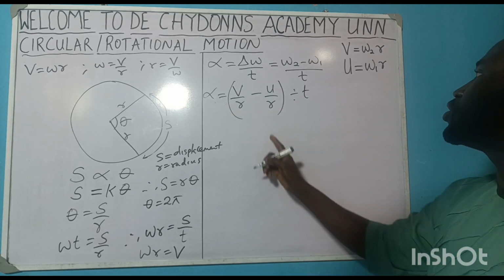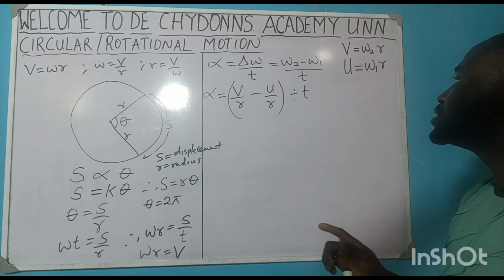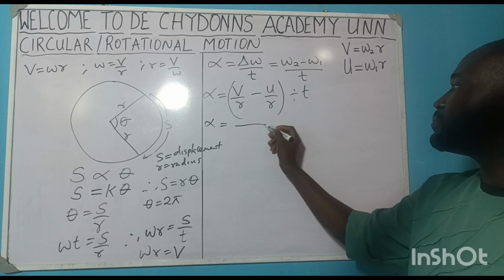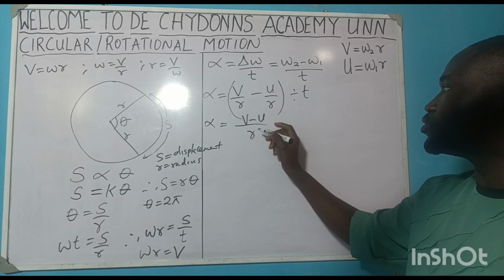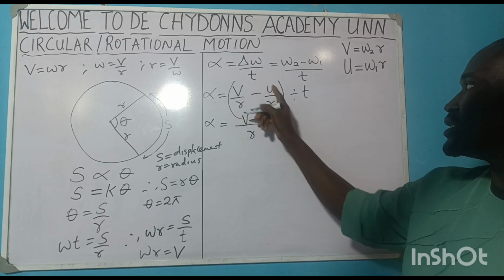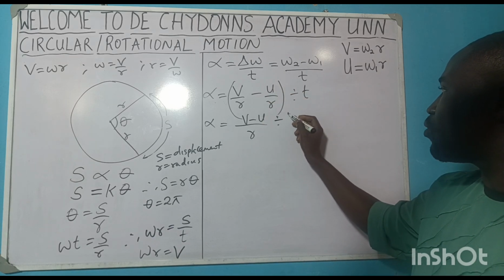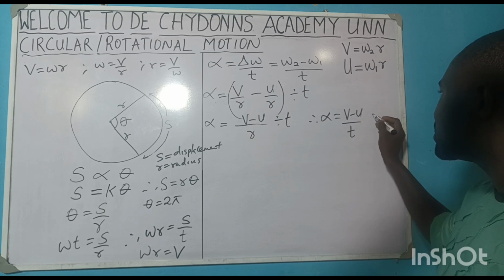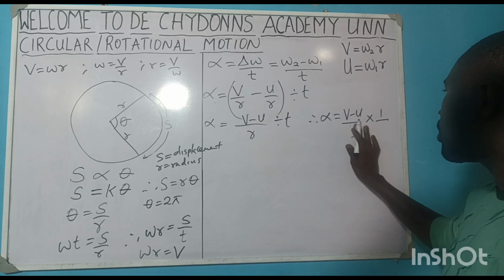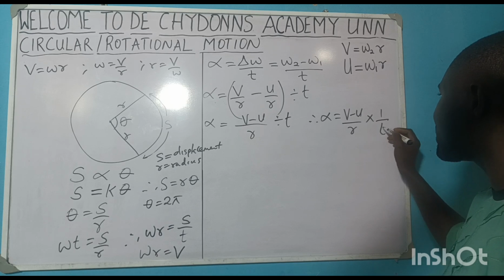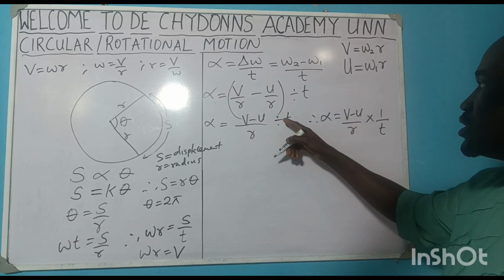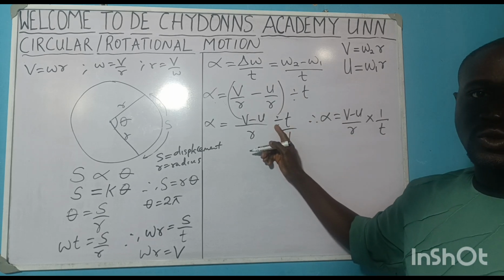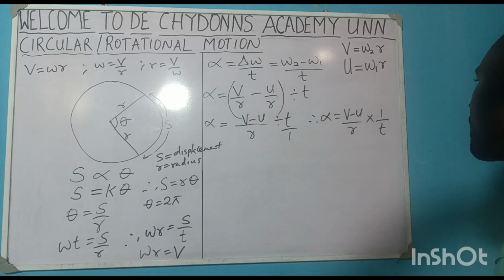Since it goes like this, this implies that the LCM is R, so V minus U over R, divided by T. Therefore, this will be equals to V minus U all over T times 1 over R. Change division to times, invert it, so 1 over T.